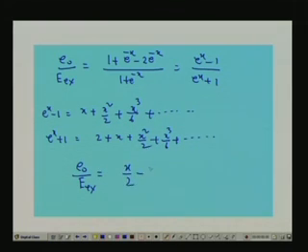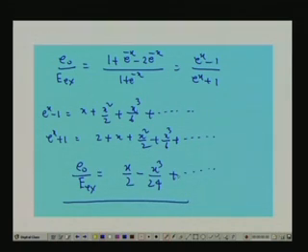If we make a long division of this, it will become x by 2 minus x cube by 24 plus so on. So, we can see that using a Wheatstone bridge also, the relation between the output voltage and the temperature change is almost linear, right. This proves this part.